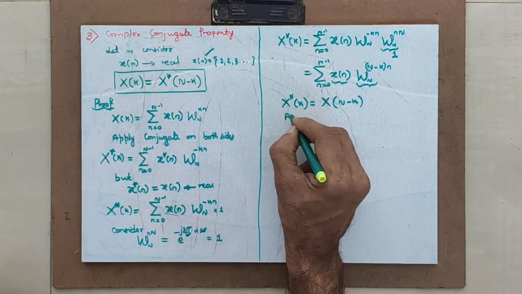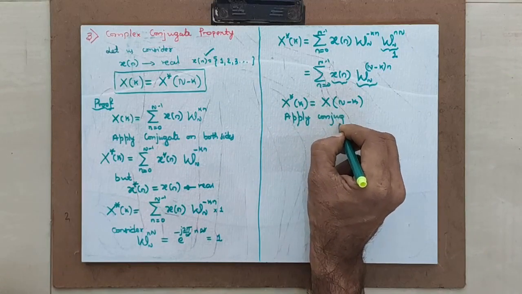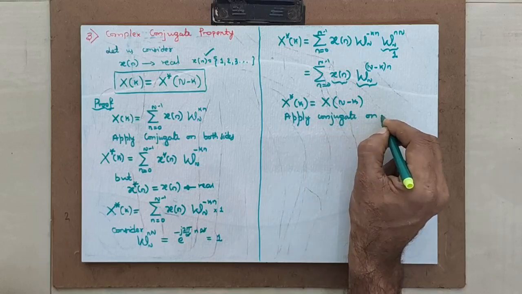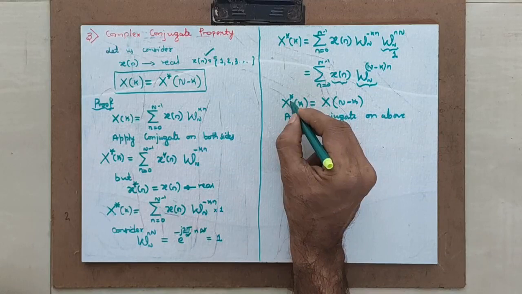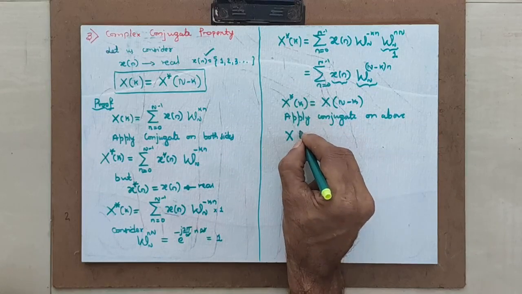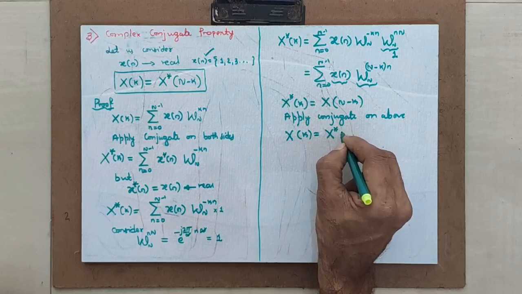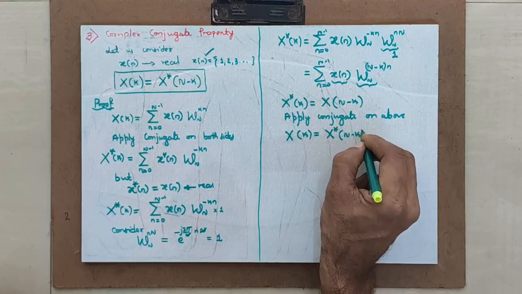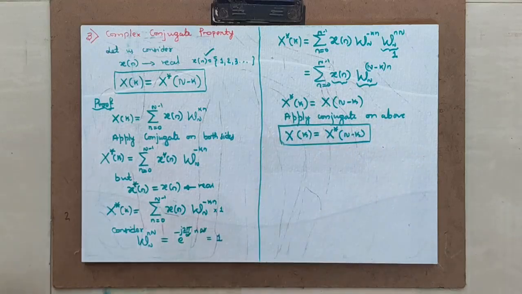Again apply conjugate on the above. What do you get? Conjugate of conjugate cancels out, x of k becomes equal to x conjugate of N minus k. That is what the property says.